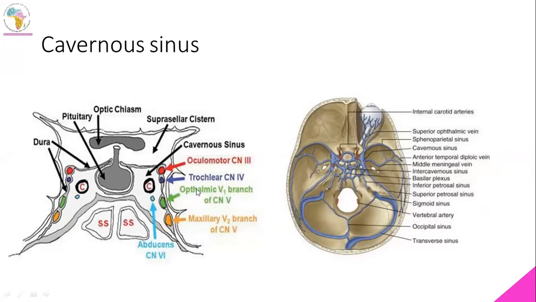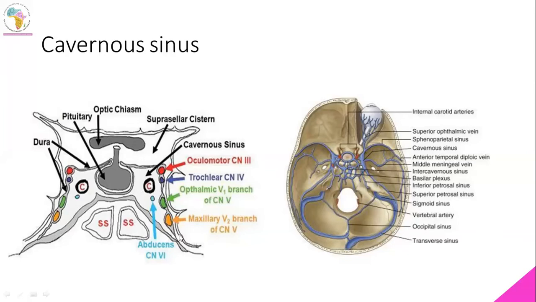The cavernous sinus is a paired dural sinus along the side of the sella, and those sinuses are unique because they contain, in addition to the venous system, eloquent or important vascular and neural structures.